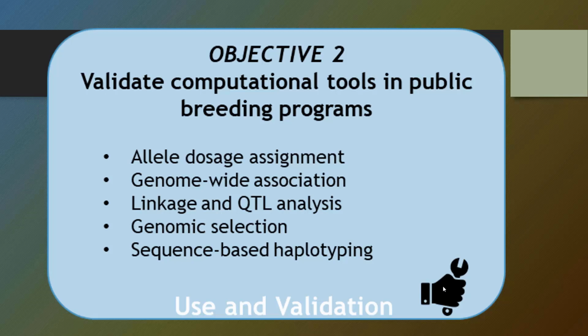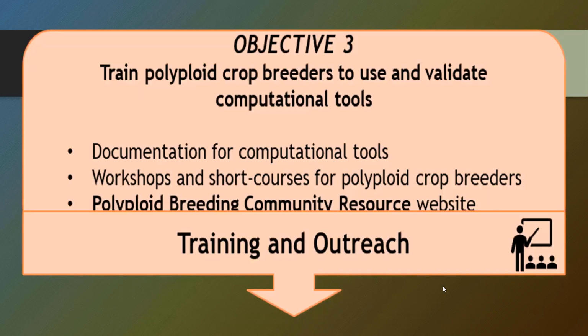with your data sets, which comes to our final objective, which is to train. We have some very nice packages that are being improved in real time with good documentation. And so we're developing the workshops and short courses to help you understand this and to use it better. And also developing a polyploid breeding community resource website that will be a depository for all this information.